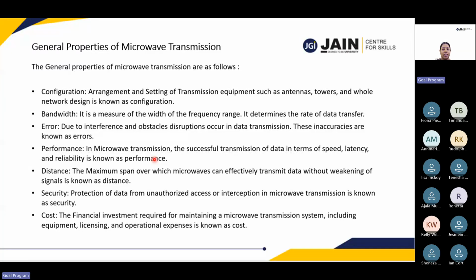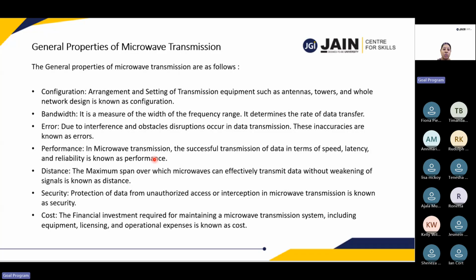For example, your antennas, towers, and whole network design is known as configuration.